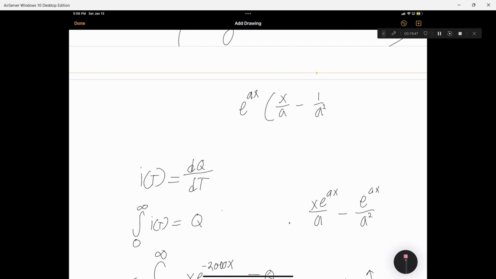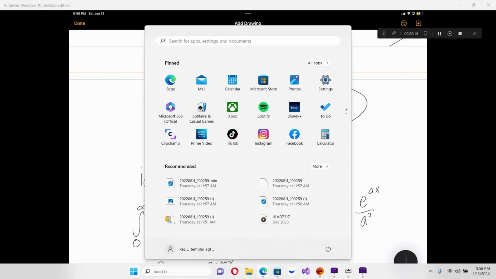When you multiply this whole expression by a squared, 1 over a squared times a squared is just 1, and we're left with ax here. And this is a simplified answer. Let's make sure that that's right. Let's go to the video.